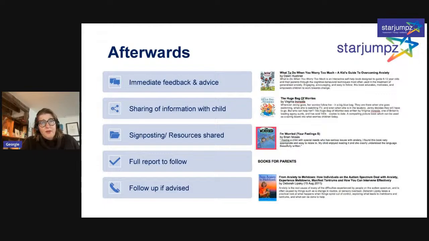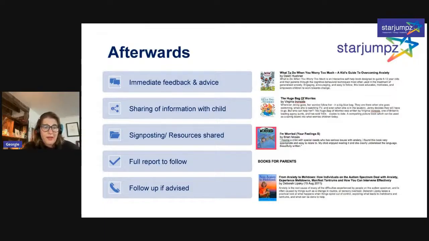But when we're working independently, if parents want to come back and have an appointment with me, that's absolutely fine. We'll do that. But there are probably other avenues that you'd be better investing your money in, like an occupational therapy assessment or some speech and language support.